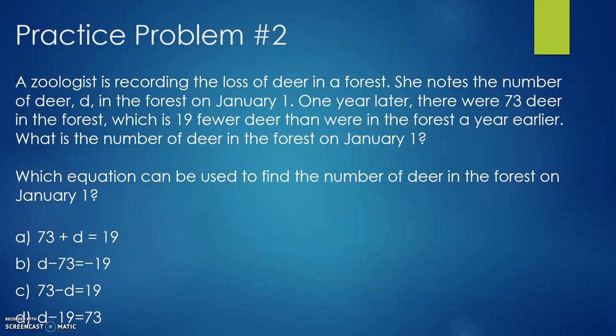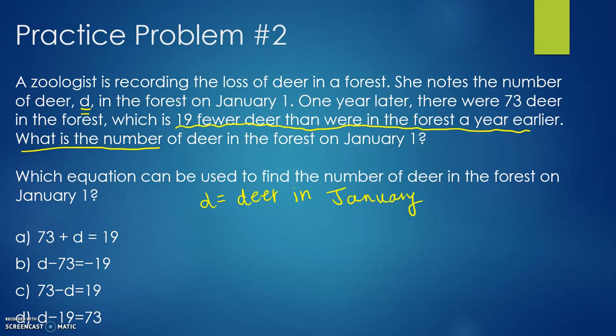She notes the number of deer, D, there's our variable, in the forest on January 1st. 1 year later, there were 73 deer in the forest, which is 19 fewer deer than there were a year earlier. What is the number of deer in the forest on January 1st? That is what we don't know. So D stands for deer in January.